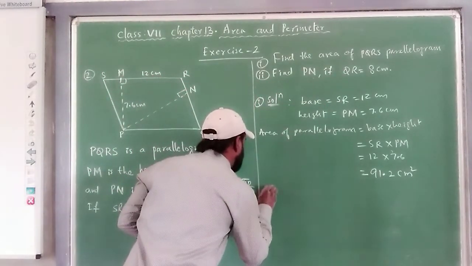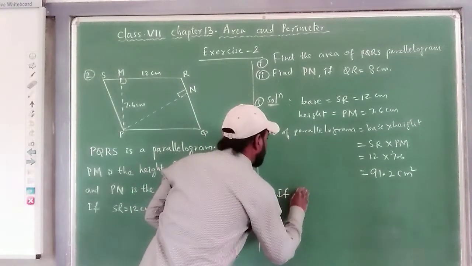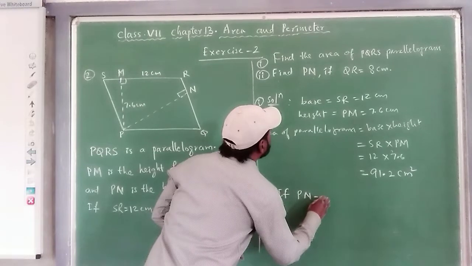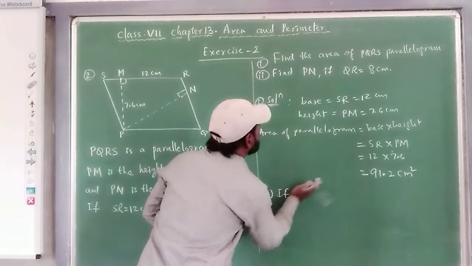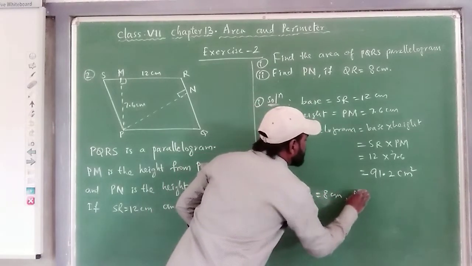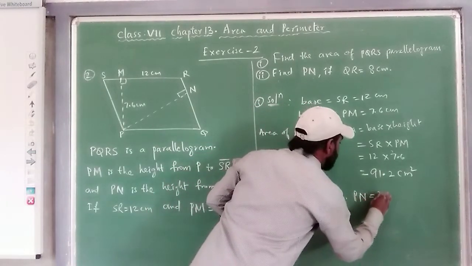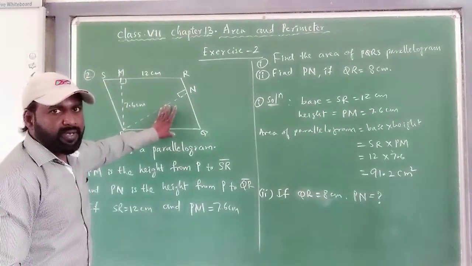Now second solution. We have to find PN if QR is equal to 8 centimeters. What is PN? PN is also involved in the same parallelogram PQRS, right?